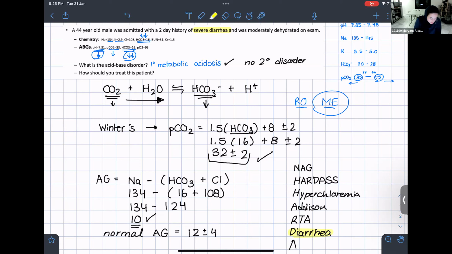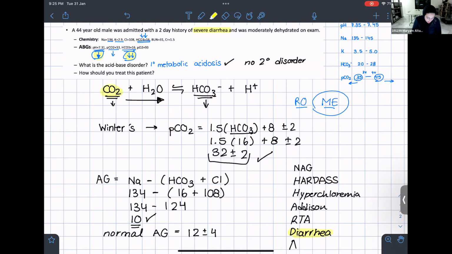So long as this and this match in the same direction, then we know it's going to be a primary metabolic acidosis, okay?